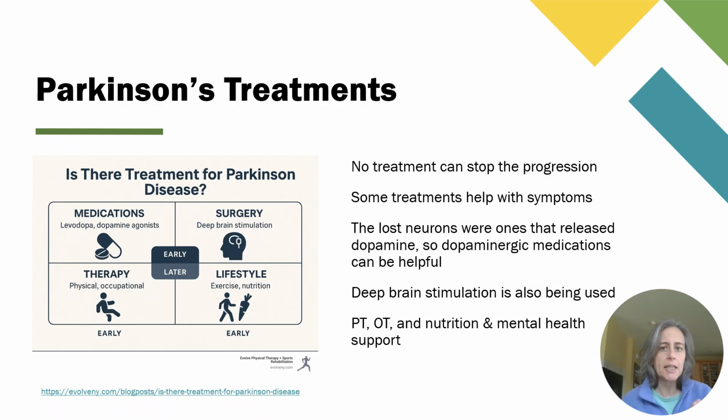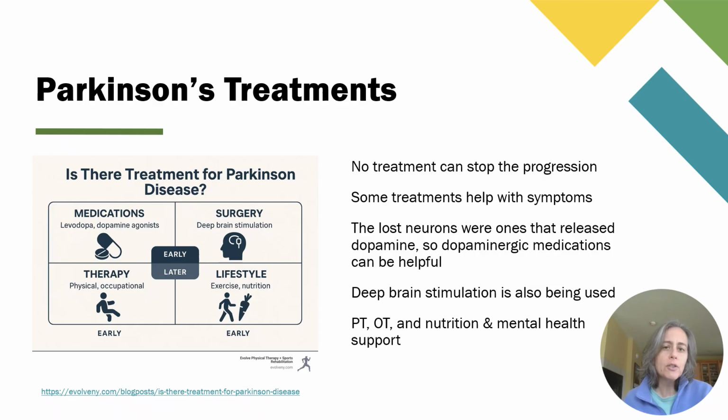So interestingly, the neurons that this disease particularly causes the death of are neurons that release as their neurotransmitter dopamine. So medications that increase the amount of dopamine in the brain can actually help with these symptoms and help restore more normal motor function, and can also sometimes help decrease tremor and other things.